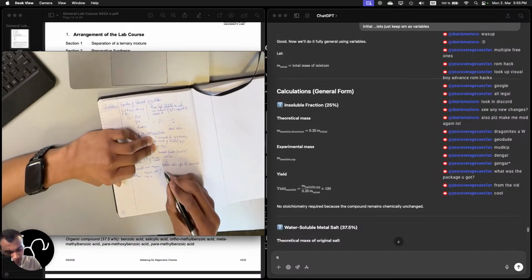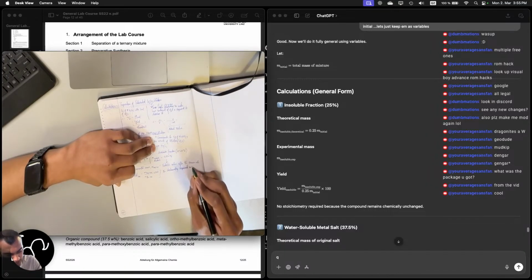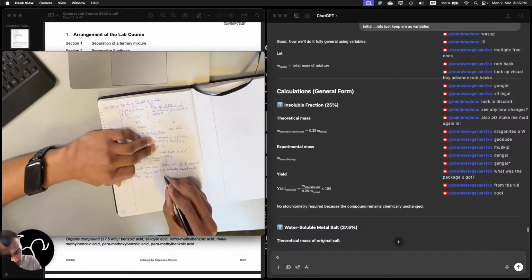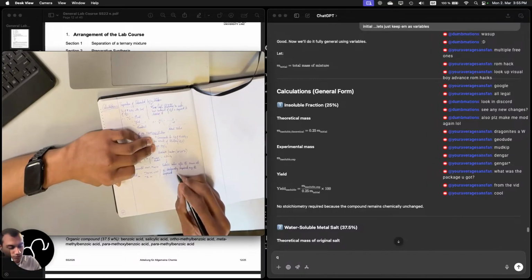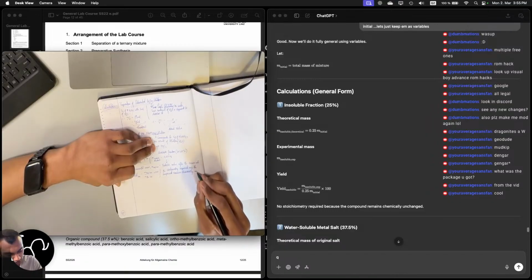No stoichiometry required because the compound remains chemically unchanged.